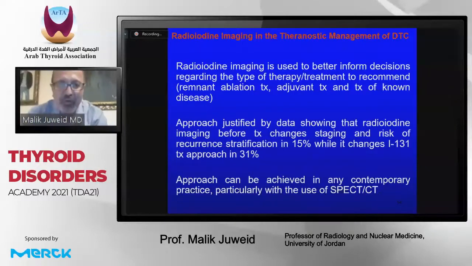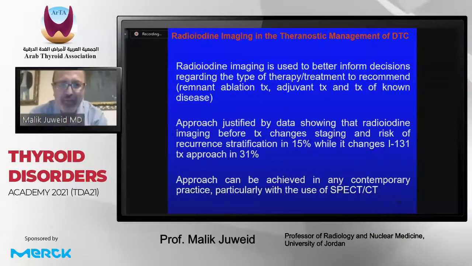So the other application of radioiodine imaging that's being favored in some places, for example, University of Michigan, which is one of the really strong places for thyroid imaging and therapy, is theranostics, meaning to use the same radiotracer or similar radiotracer in diagnosis and therapy, so to predict what will happen during therapy.